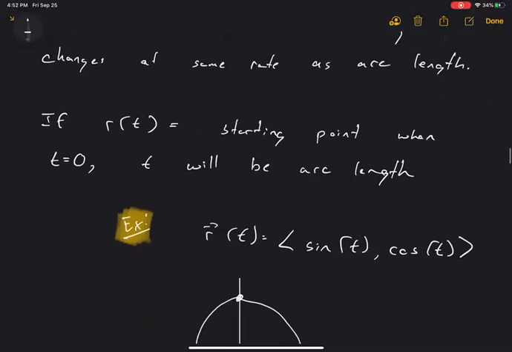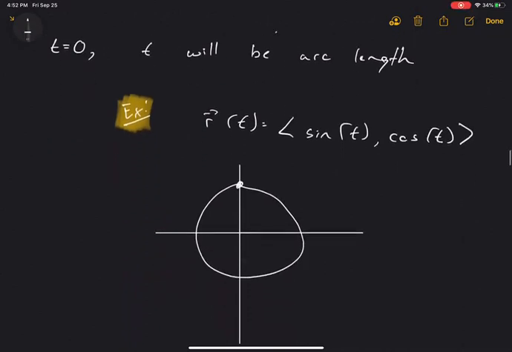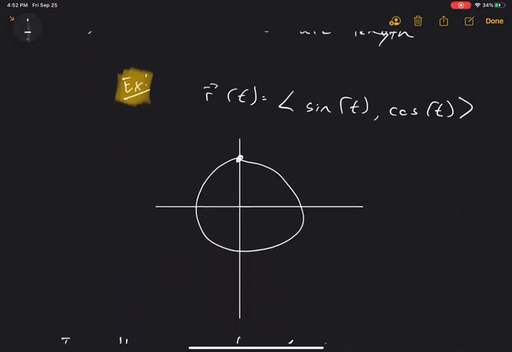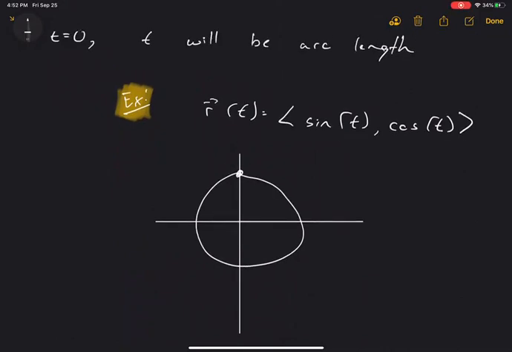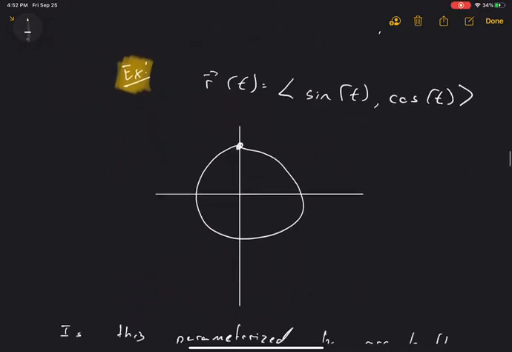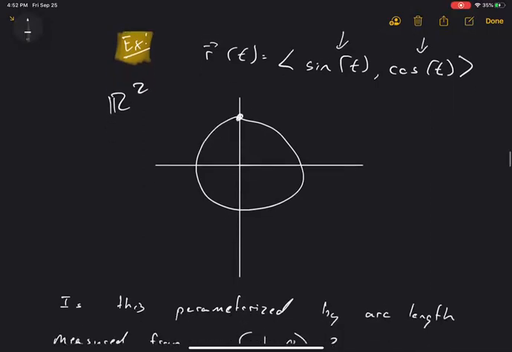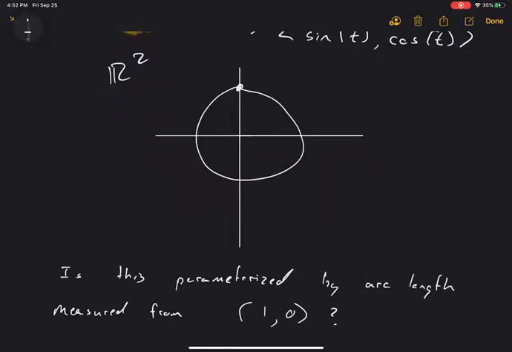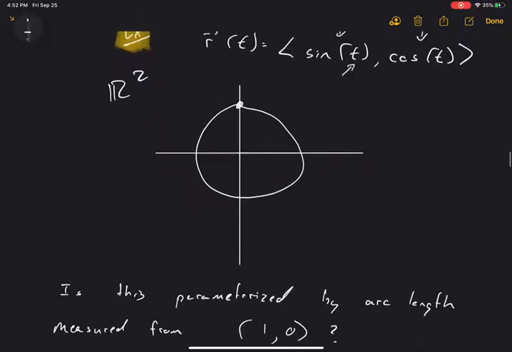Okay. Now, if r of t is at our initial point when t equals 0, then t will be exactly the arc length. Okay, so what do I mean? Let's say I'm given r of t, and we're working in R2 now. We can just easily work in R2. So let's say I have r of t equals sine of t, cosine of t. Okay, we're parameterized by t, right?